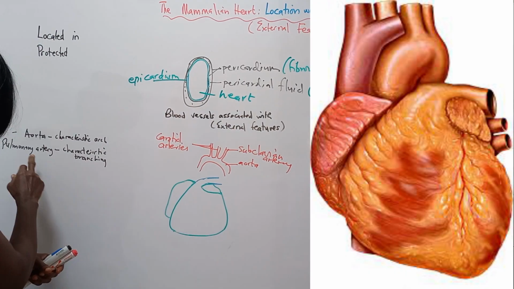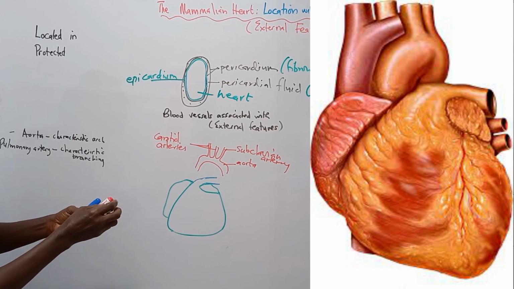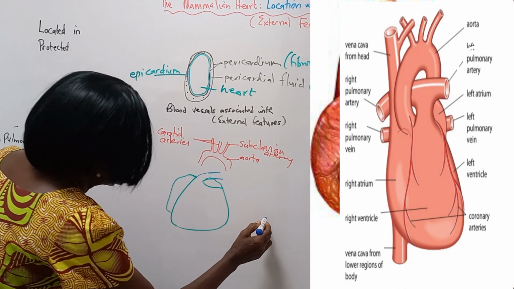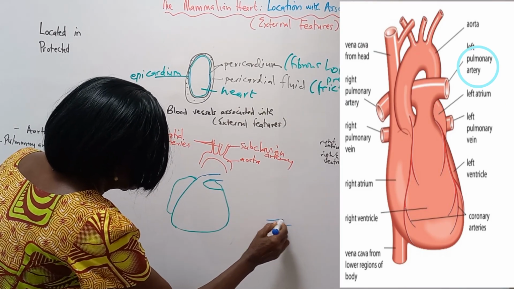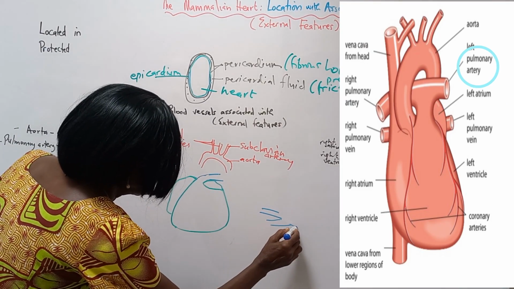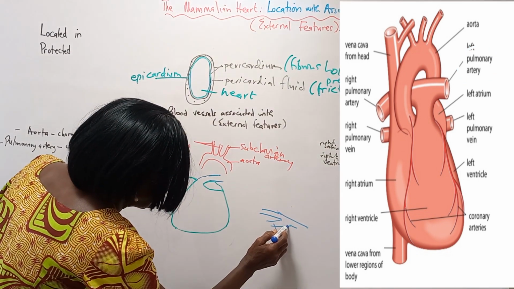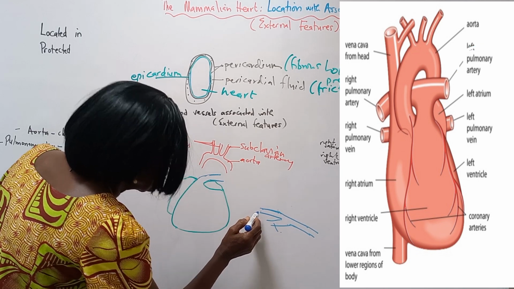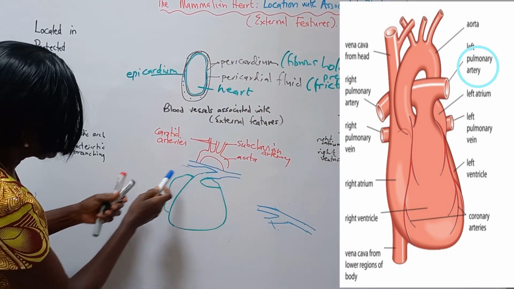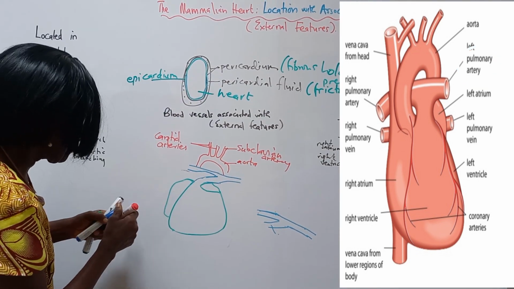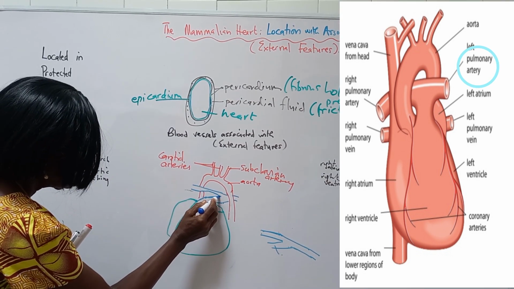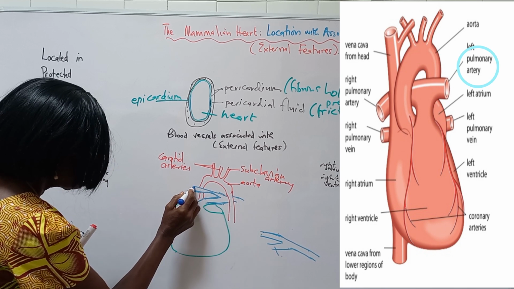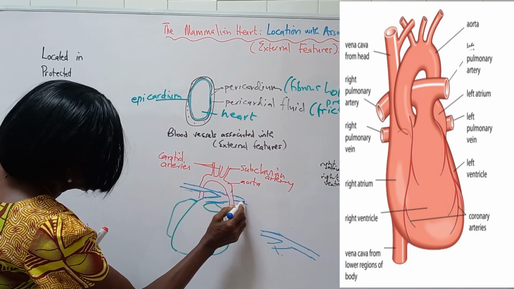Another vessel is the pulmonary artery. The pulmonary artery's characteristic is a branch. It starts like this and it branches like this. This is the main vessel. This is going to one lung, and this is going to the other lung. It lies beneath the aorta, starts like this, then a branch goes off, one into one lung, the other into the other lung.